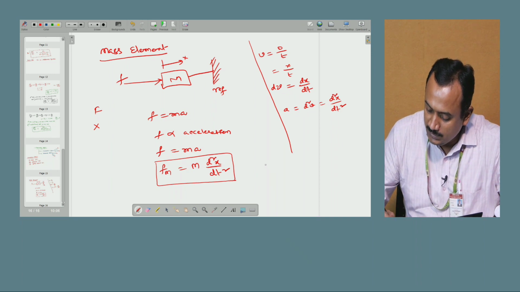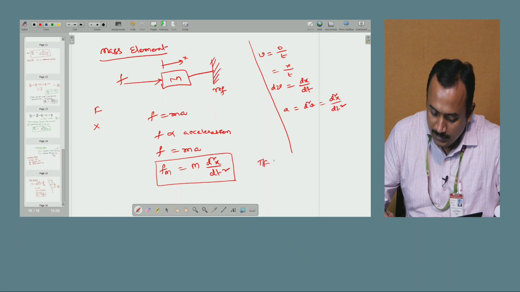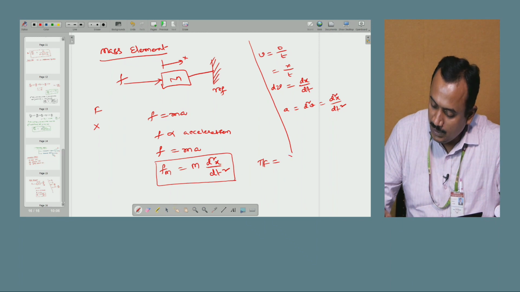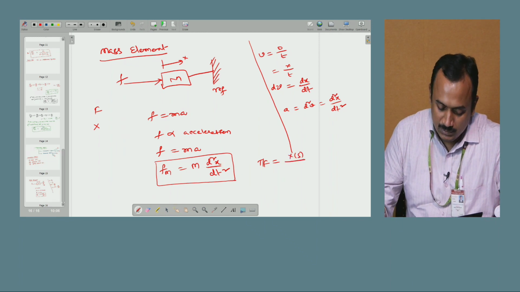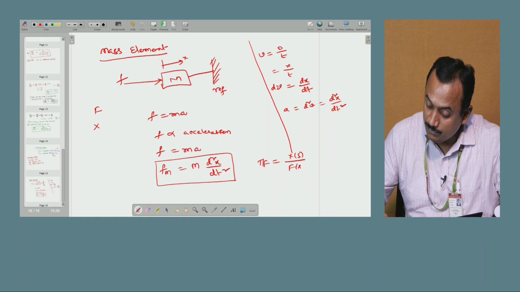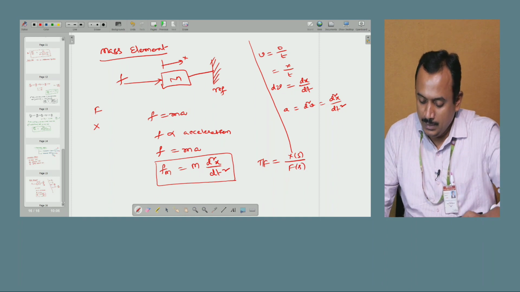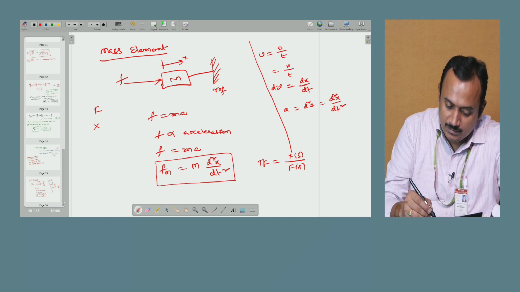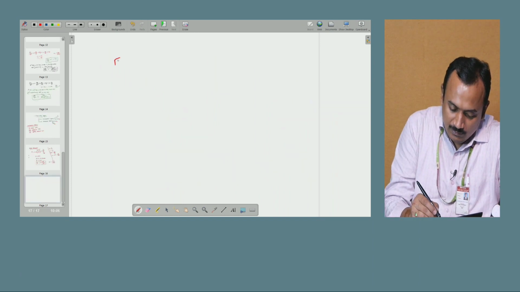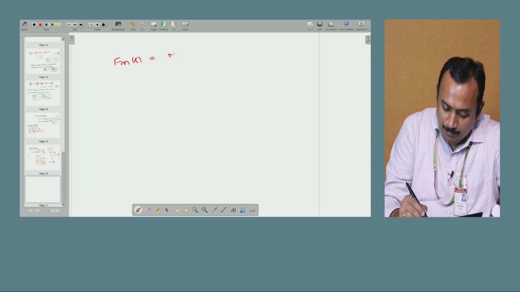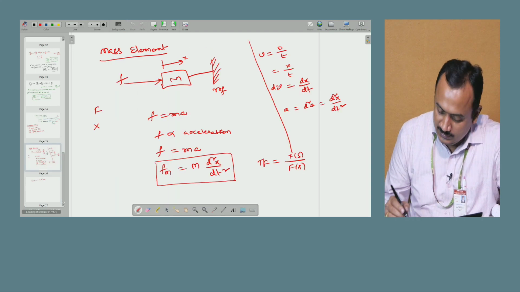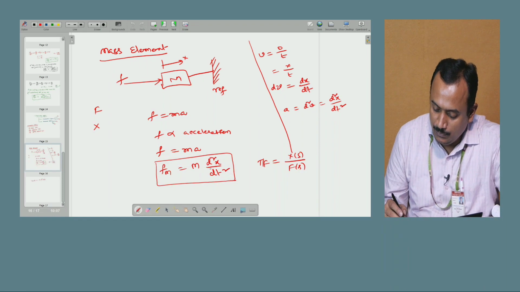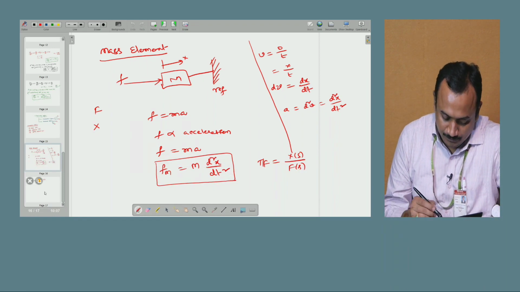And to find out the transfer function for this independent mass element, we need the Laplace transform of output x of s by the Laplace transform of input F of s. After applying the Laplace transforms, what will we get? Fm of s is equal to m into s square into x of s. Since it is a second order equation, we are going to have s square term.